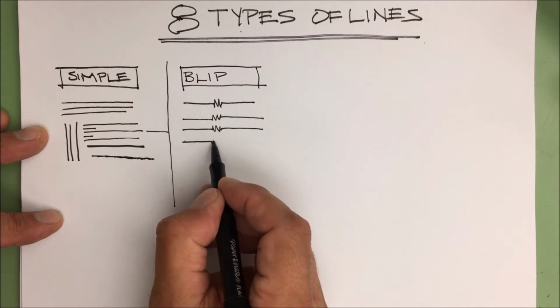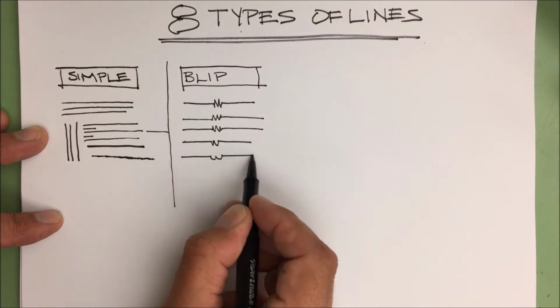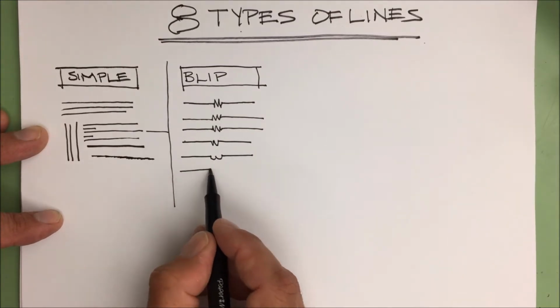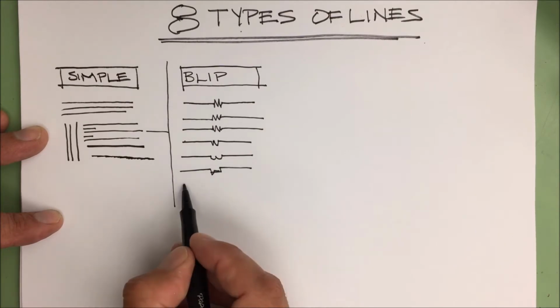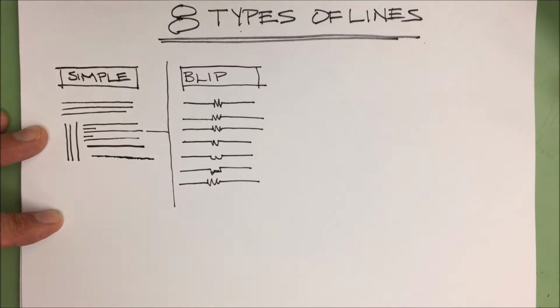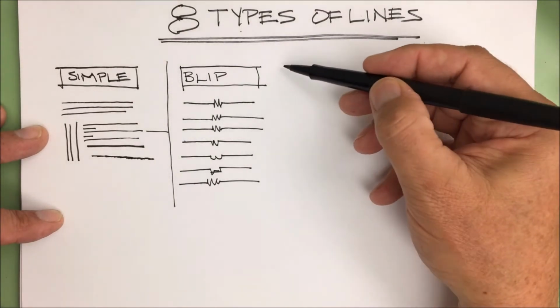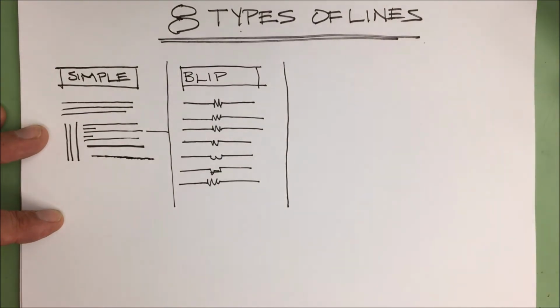Sometimes they'll have other types of things on them. They could have little U's on them. They could have little squares on them. But basically, line, blip, line. And so these could be straight, they could be arced as well. So that's the second type of line. You can practice that one.